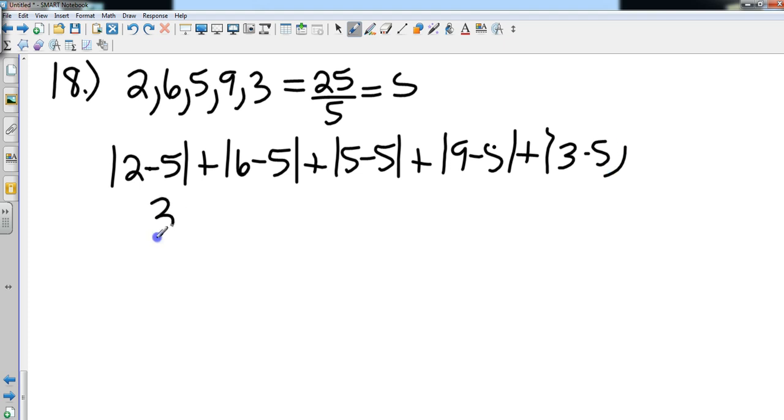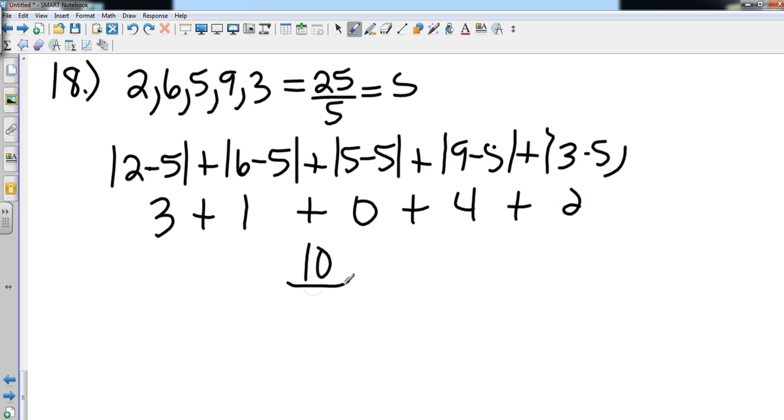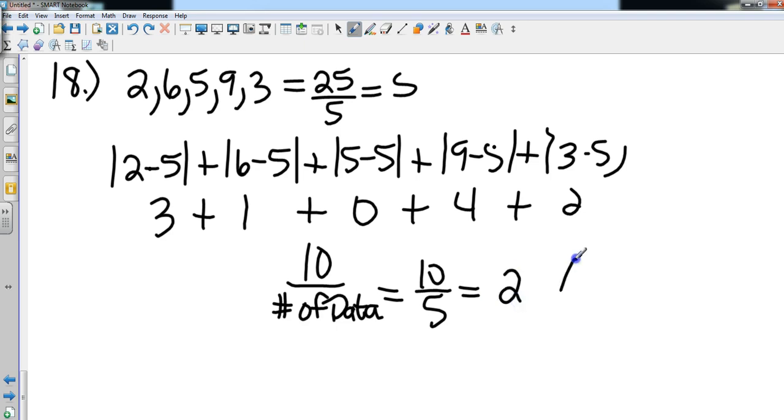So that's going to be 3, 1, 0, 4, and 2. So that gives me 10. I divide by my number of items. So that's going to be 10 divided by 5, which gives me a mean absolute deviation of 2, which is choice A.